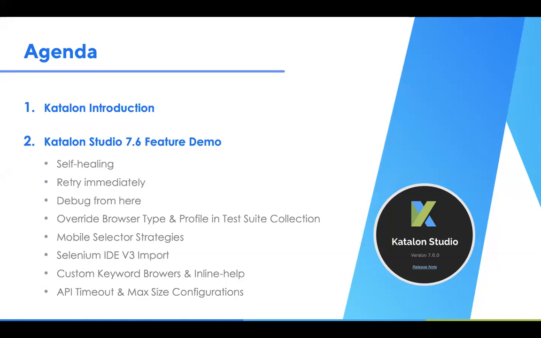And then we have many other features that cover multiple areas, like mobile testing and API testing. Also, we have the new capability to import scripts from Selenium IDE into Katalon Studio. And we also have improvement for keyword usage in Katalon.